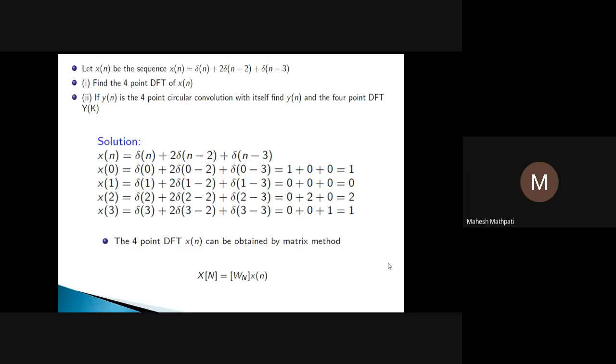Can anyone tell me? Circular convolution with itself: x1 of k equals x2 of k. Yes. So that means y of k equals x1 of k multiplied with x1 of k. Getting my point?